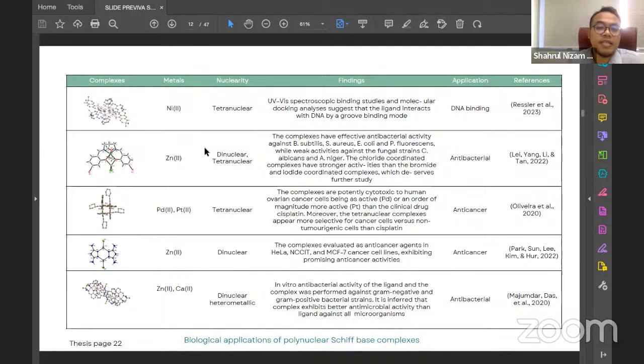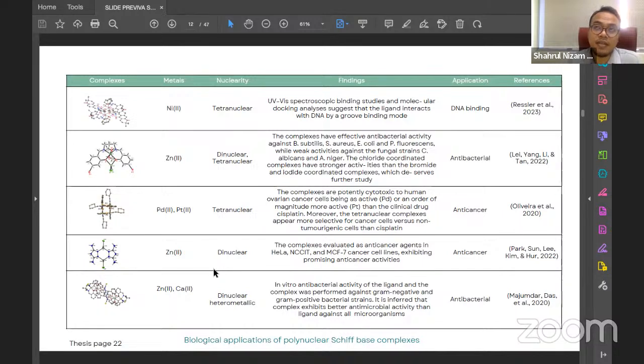And we have zinc dinuclear and tetranuclear complexes, which have very good antibacterial activities. We have palladium and platinum tetranuclear complexes, which also have good anti-cancer activities. And we have zinc dinuclear and, I think this is cadmium, dinuclear complexes as antibacterial agents.